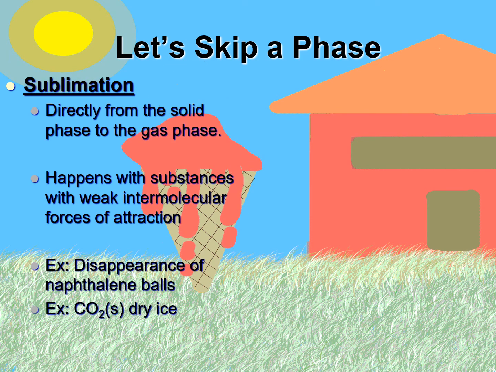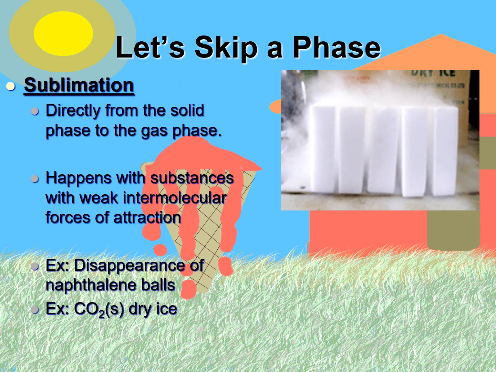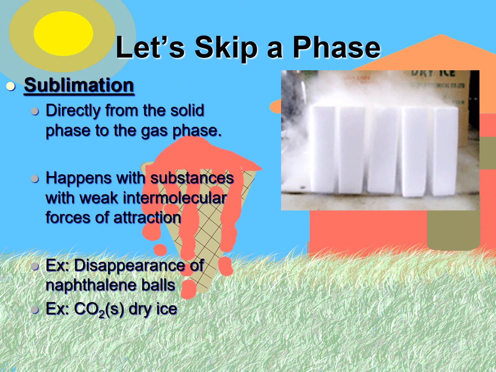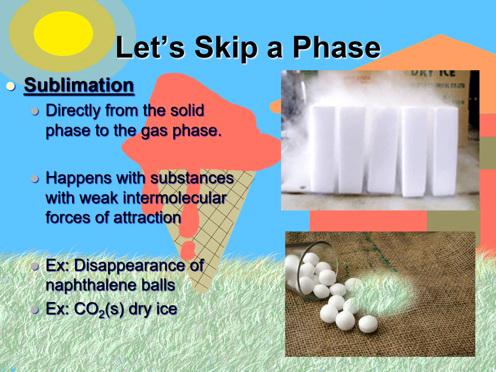Sublimation is directly from the solid phase to the gas phase, and it occurs with substances with weak intermolecular forces of attraction. Examples are dry ice, that is solid carbon dioxide, and the disappearance of naphthalene balls.